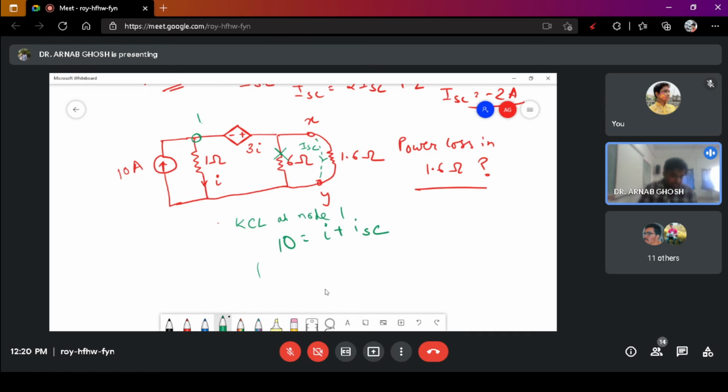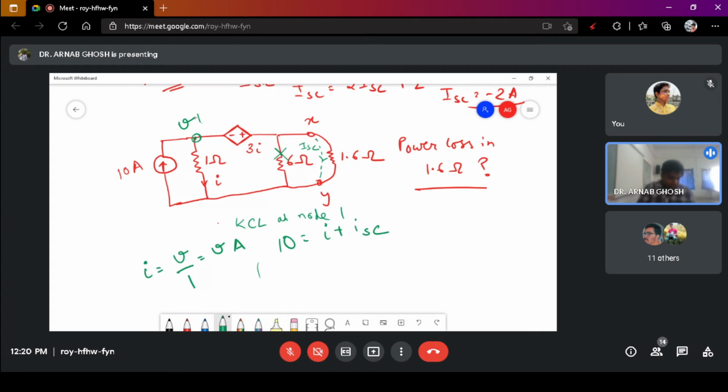Let's say we are taking the node voltage here to be V. So what is your I coming out to be? Your I is V by 1, that is equal to V ampere. If this is the node voltage V, then your I will be equal to V ampere.